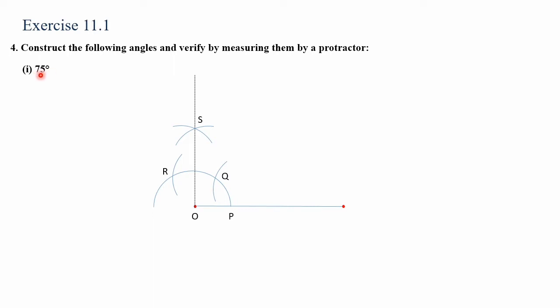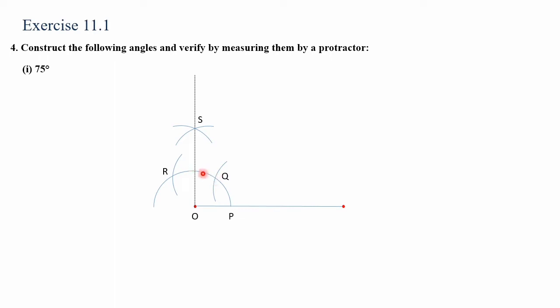So we should have a rough plan of how to reach 75 degrees. It's quite simple. Up to here is 60 degrees, and up to here is 90 degrees. And we know that from 60 to 90 we have 30 degrees.